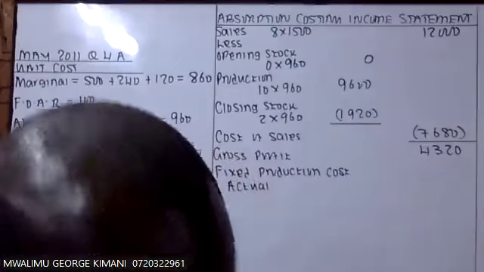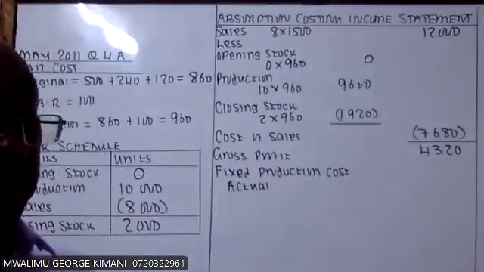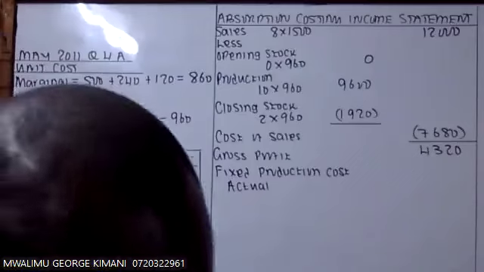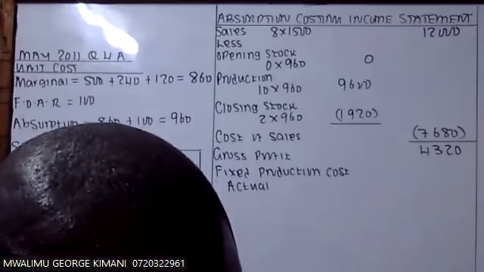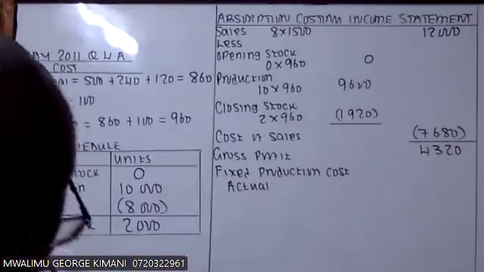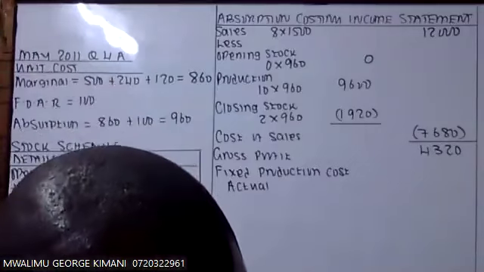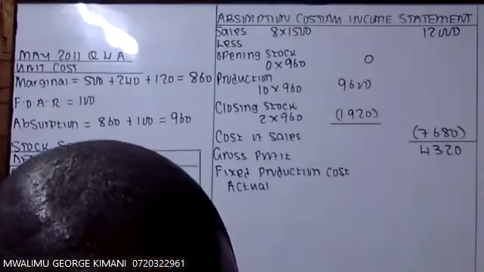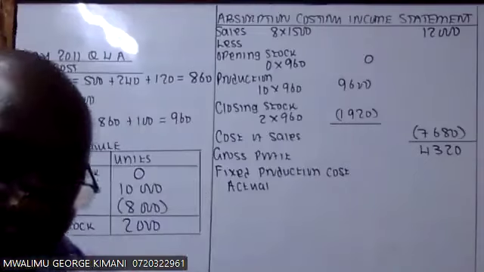Adverse means we spent more. And according to information 3, the standard fixed production overhead rate was based on an activity rate of 10,000.